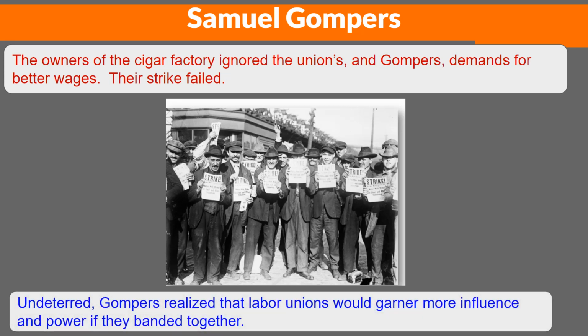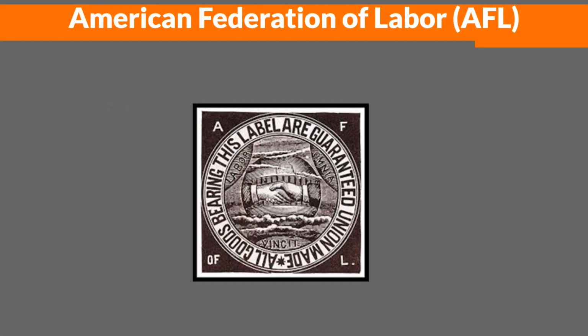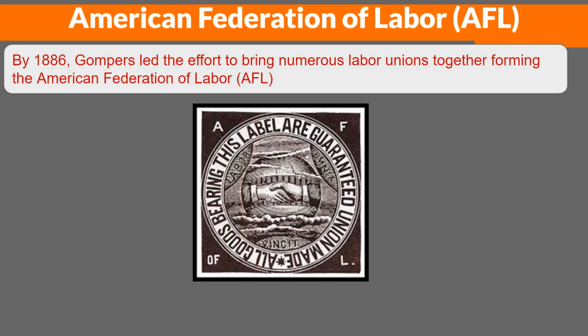Undeterred, Gompers realized that labor unions would garner more influence and power if they banded together. So, the American Federation of Labor. By 1886, Gompers led the effort to bring numerous labor unions together, forming the American Federation of Labor, the AFL.